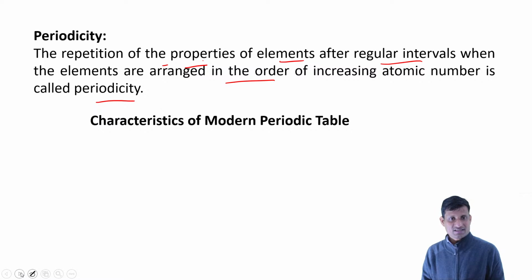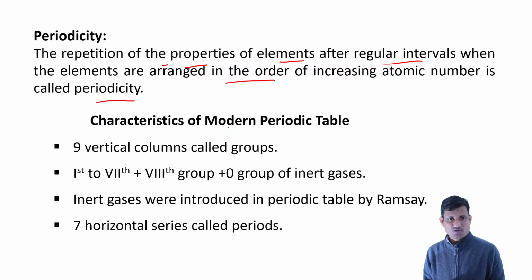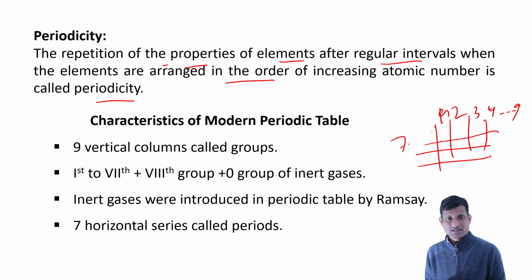And then the characterization of the modern periodic table. In the modern periodic table we now have the noble gases, and we have nine vertical columns, 1, 2, 3, 4, and so on up to 9, and seven horizontal rows, which are the periods.